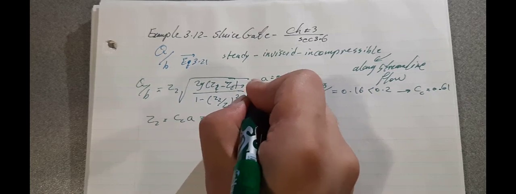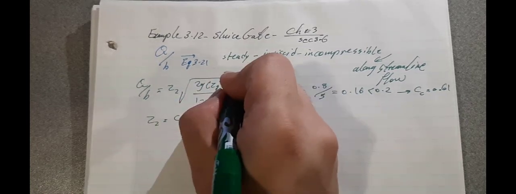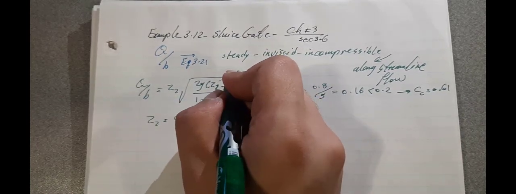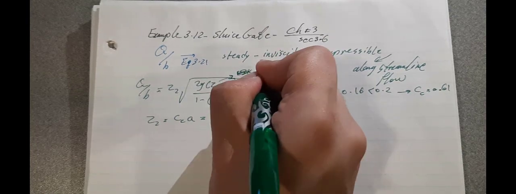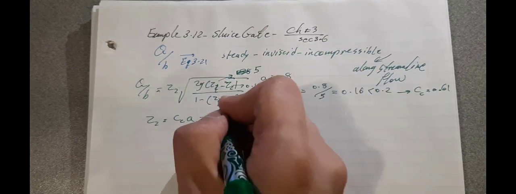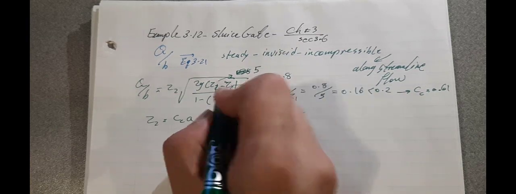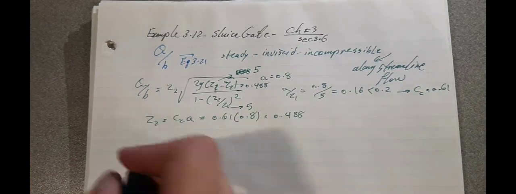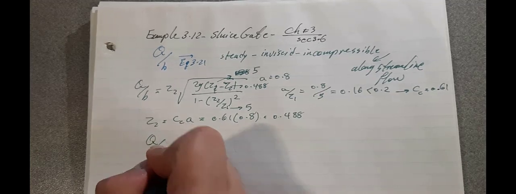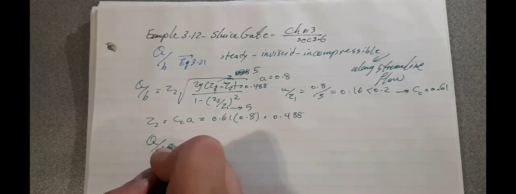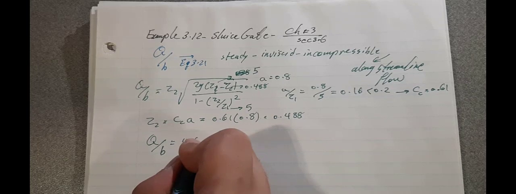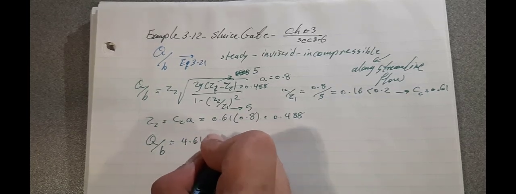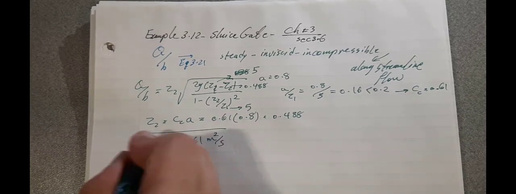So this is 0.488. This is 0.8. Excuse me, this is 5. Z2 over Z1, and we can have the same amounts in here. Then in doing the calculations, we can have the flow rate per unit of width as 4.61 square meter per second.